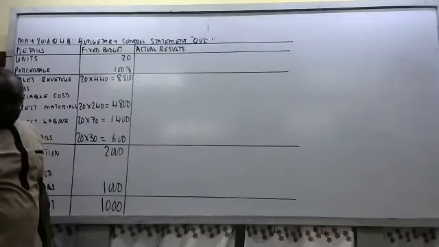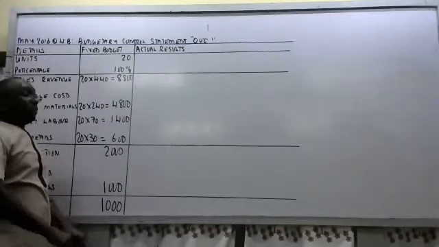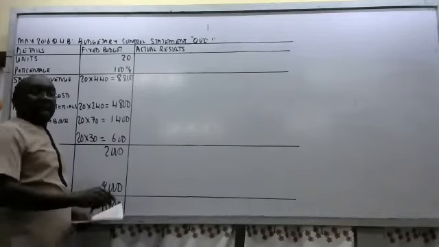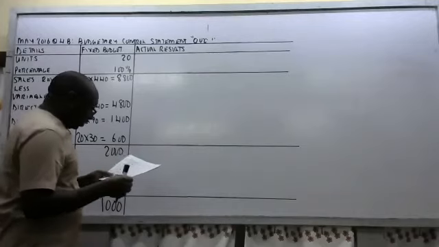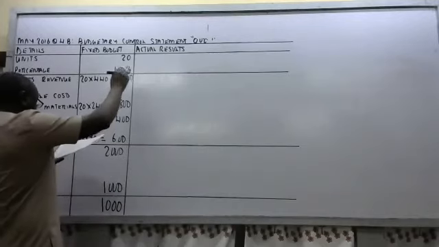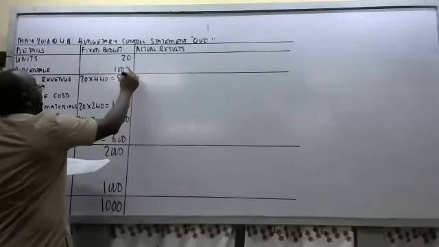Actual results. So starting with revenue so that we can know the space required. Ukienda kwa actual, you realize that we had 18,500.